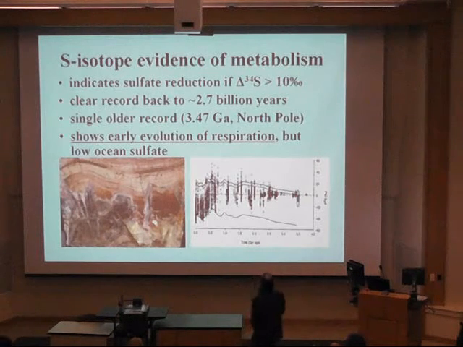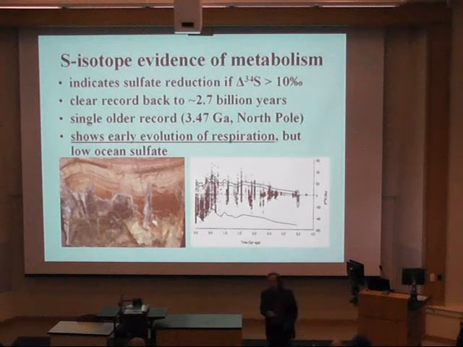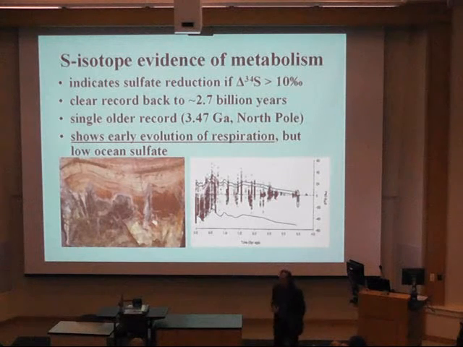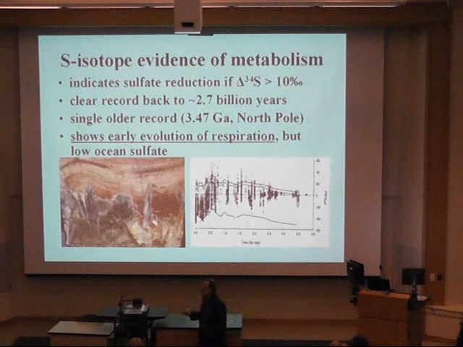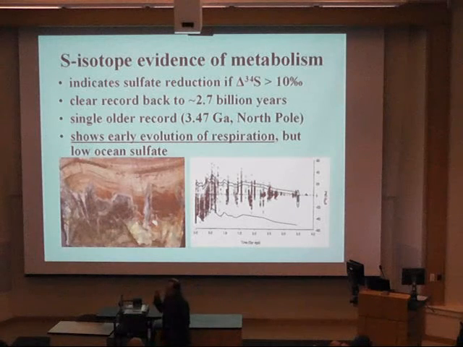So you get sulfides within sulfates. And you can look at the sulfur isotopes of those two minerals and see whether there's any record in them of microbes breathing sulfate, SO4.